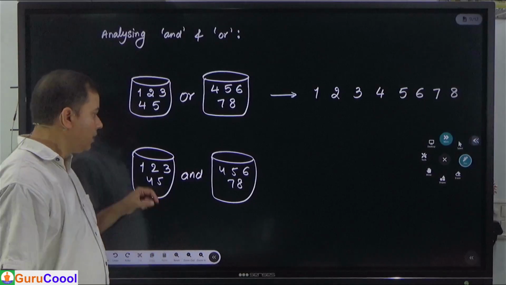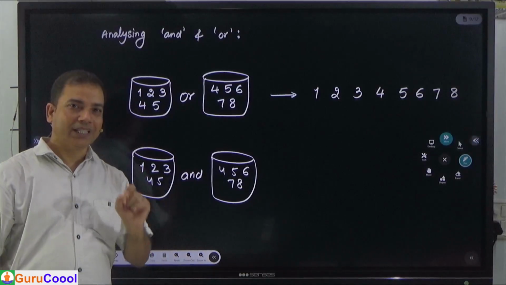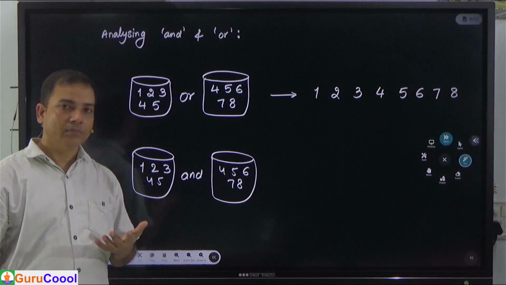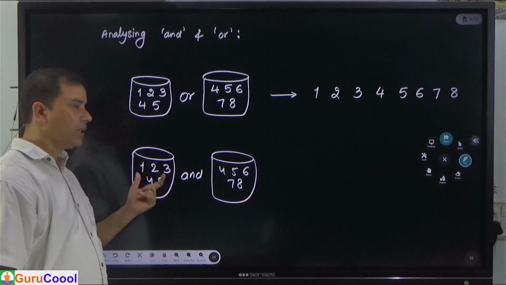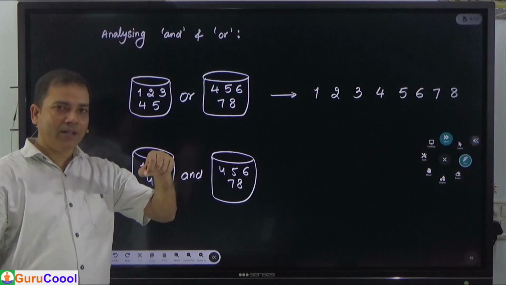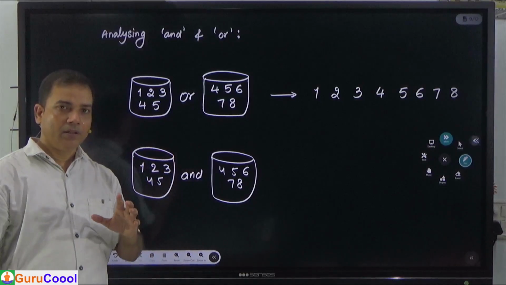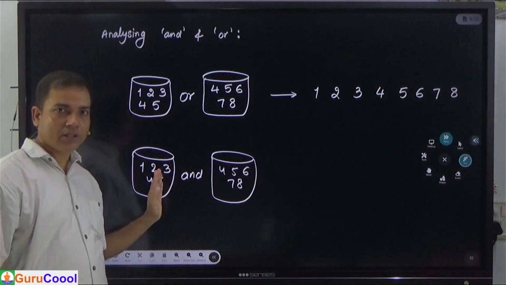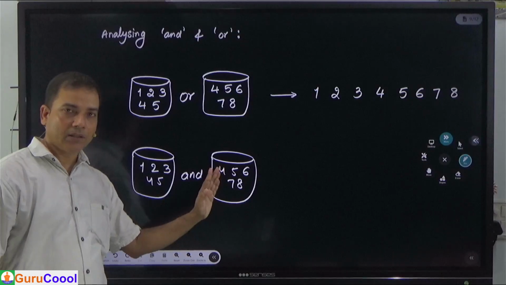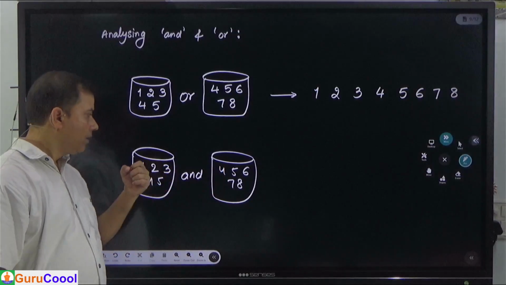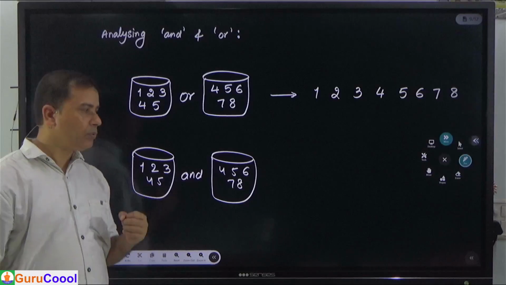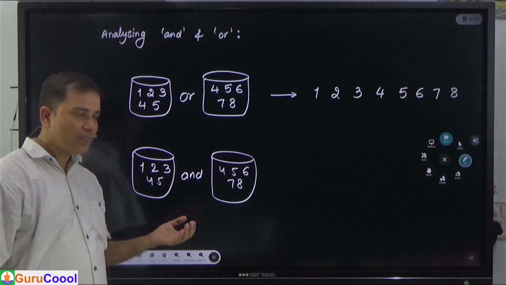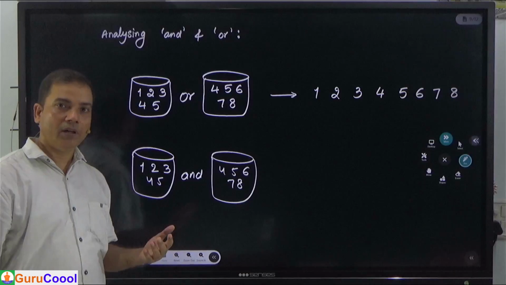So do you think if you have drawn a card with number 1 you will be the winner? No, because the condition is that you draw a card with a number which is in both of them, this and this. So you have to draw either a 4 or a 5 to be a winner.